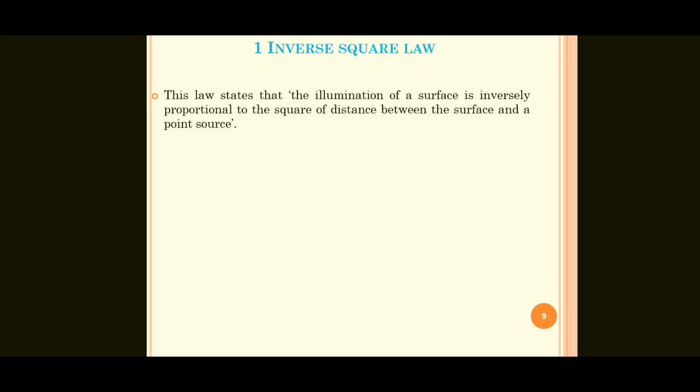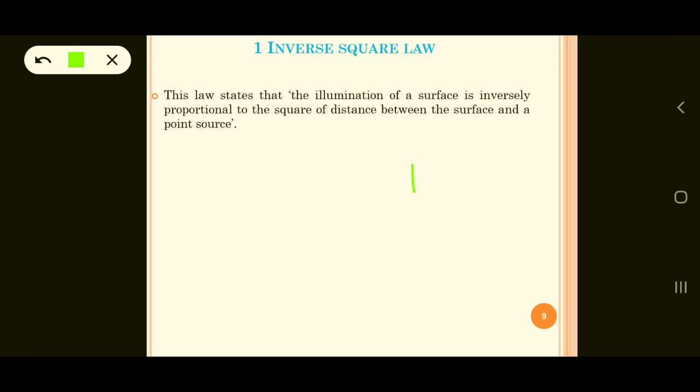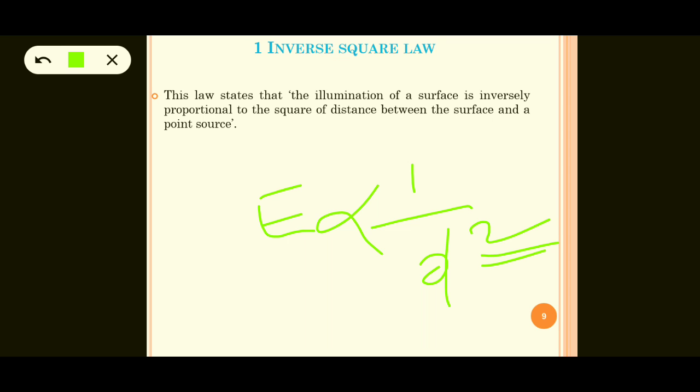Inversely proportional to square of the distance means 1 by d square. Illumination is inversely proportional to distance at the power of 2.